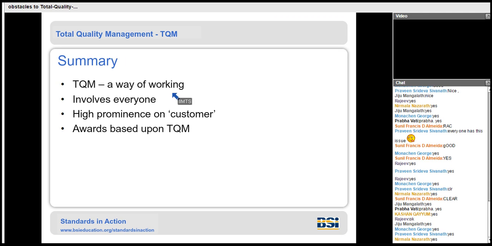So TQM is a way of working. It involves everyone. It gives high prominence to customer awards based upon TQM. So this is about the obstacles to total quality management. Okay, this brings us to the end of this slide also.